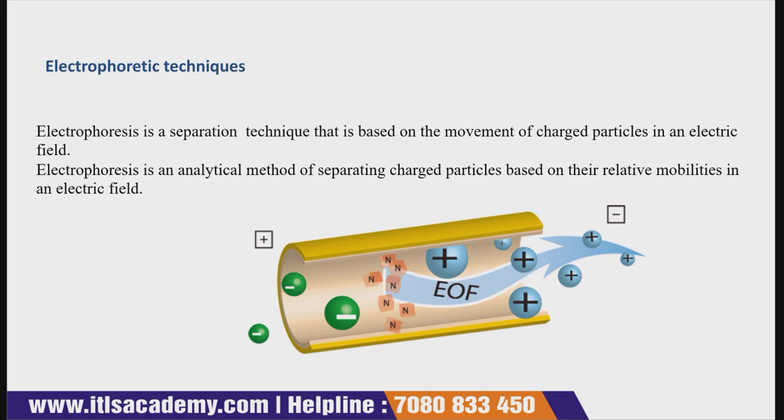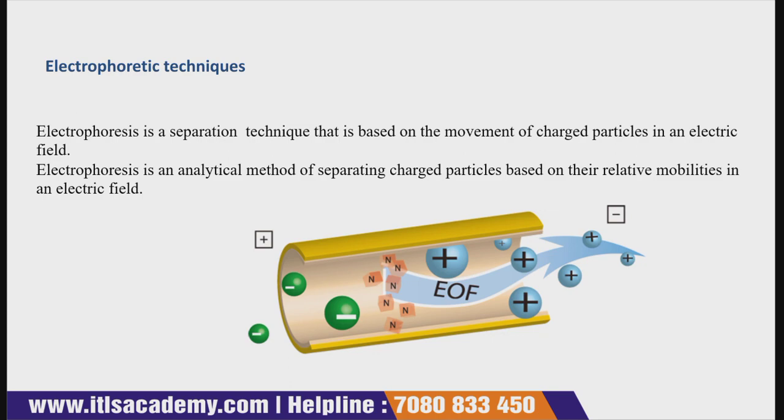We all know that one side is the anode and the other side is the cathode, right? Whenever there is a positive charge and a negative charge, in between them there is always an electric field. Then in between these two charges, how these charged particles are moving with their relative mobilities in an electric field.